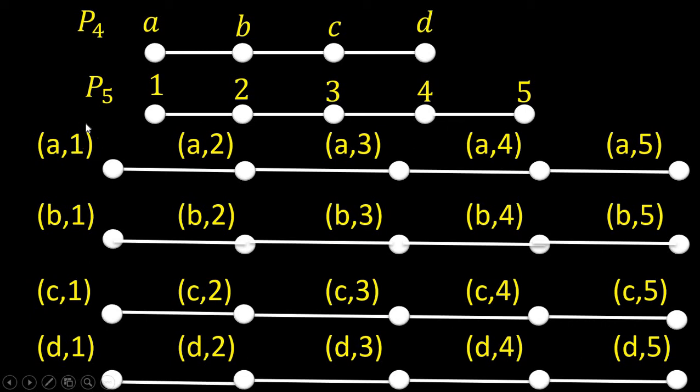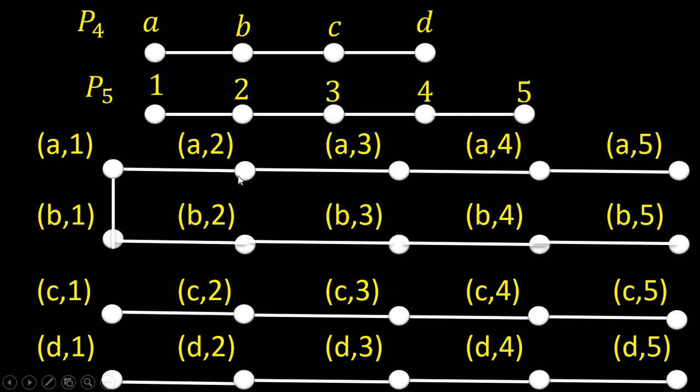Now I am taking the second condition. If y1 is equal to y2, I take these two pairs, x1 y1 and x2 y2. Do not pay attention to the other pairs. Look here, 1 and 1 are equal, so y1 and y2 are equal, and A and B are adjacent in the first graph, so I make an edge between these two vertices.